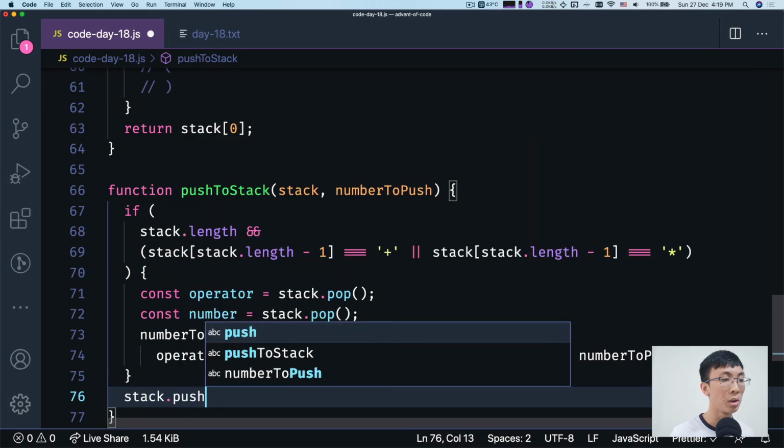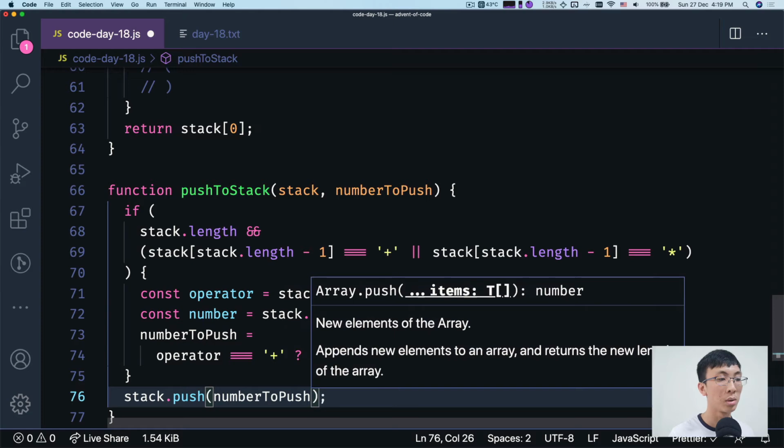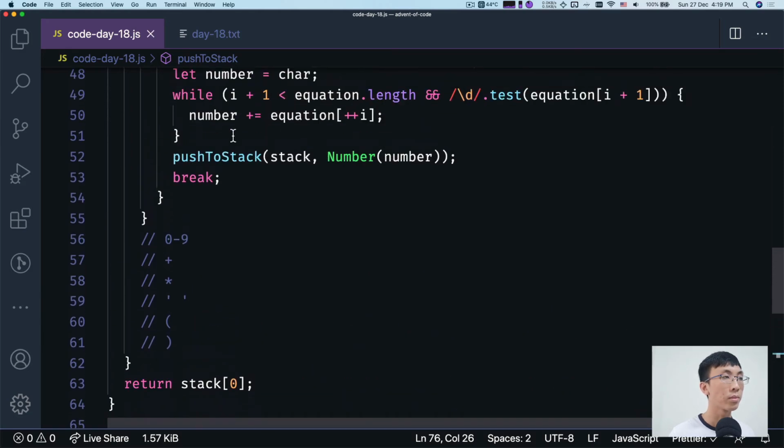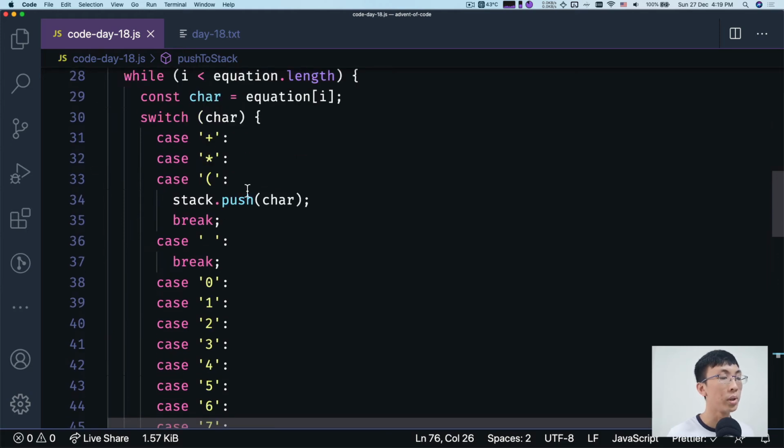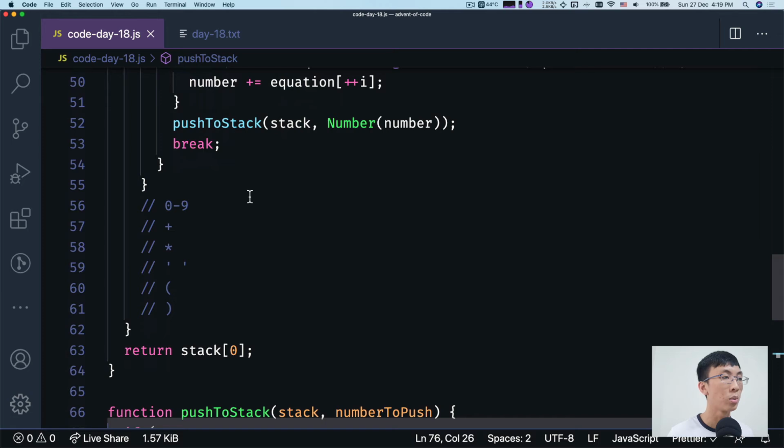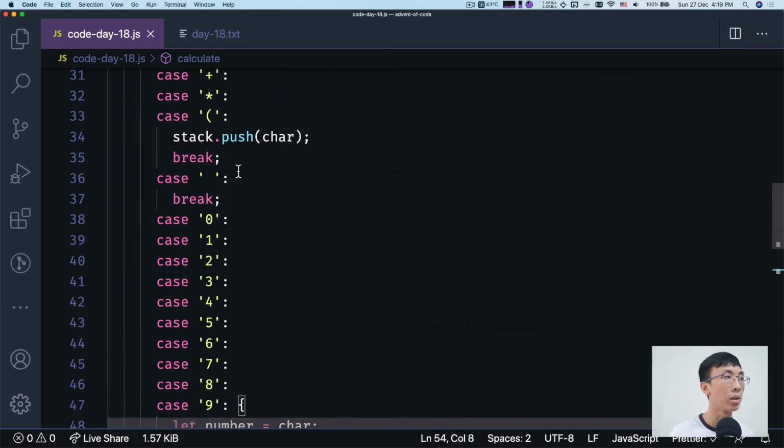Stack.push number to push. Right, so we handle numbers, operators, space, and the last one would be a closing bracket.